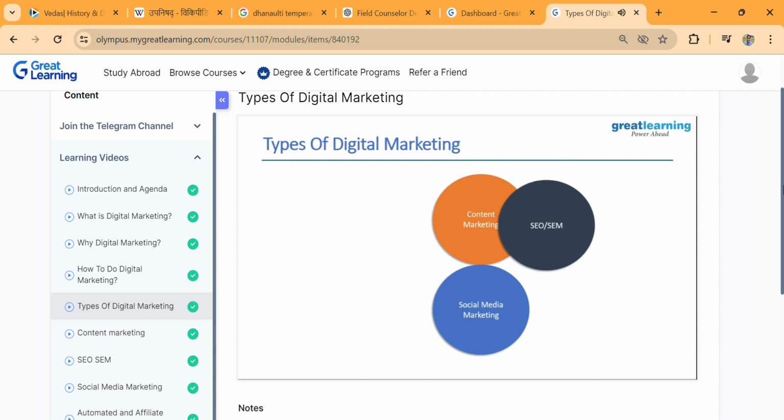The next one is SEO and SEM, that is search engine optimization and search engine marketing. One of them is a free way to market, the other one is to pay. Search engine optimization is basically about giving more value to your content and making it more accessible and reachable to people.